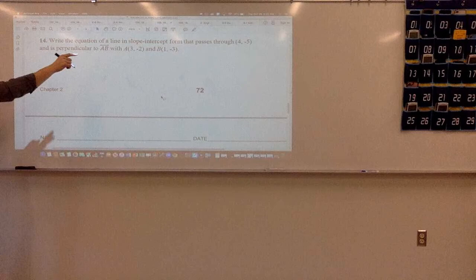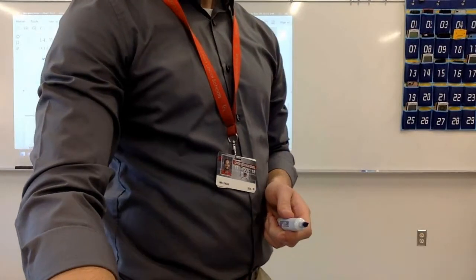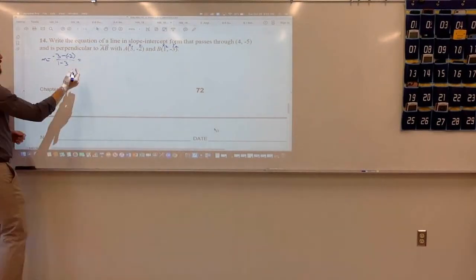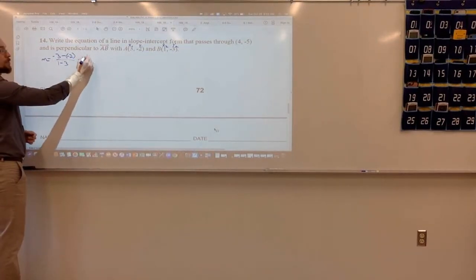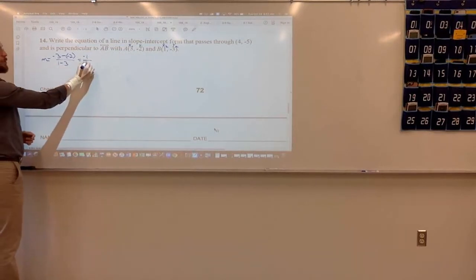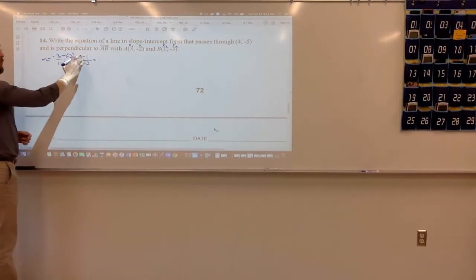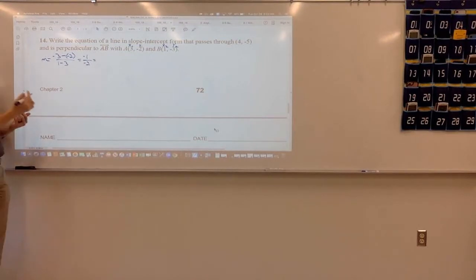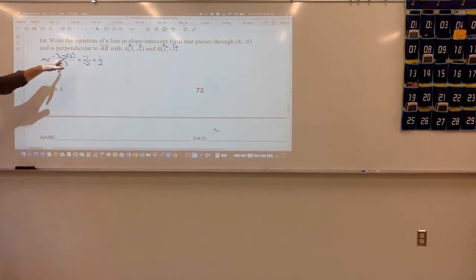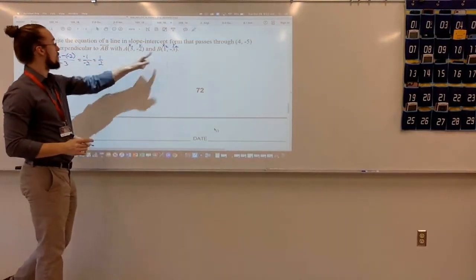So I'm going to have negative 3 minus negative 2, which would be negative 3 plus 2. That'd be negative 1 over 1 minus 3, which would be negative 2. So if I've got a negative over a negative, that's going to be a positive 1/2. So the slope of my original line is 1/2.